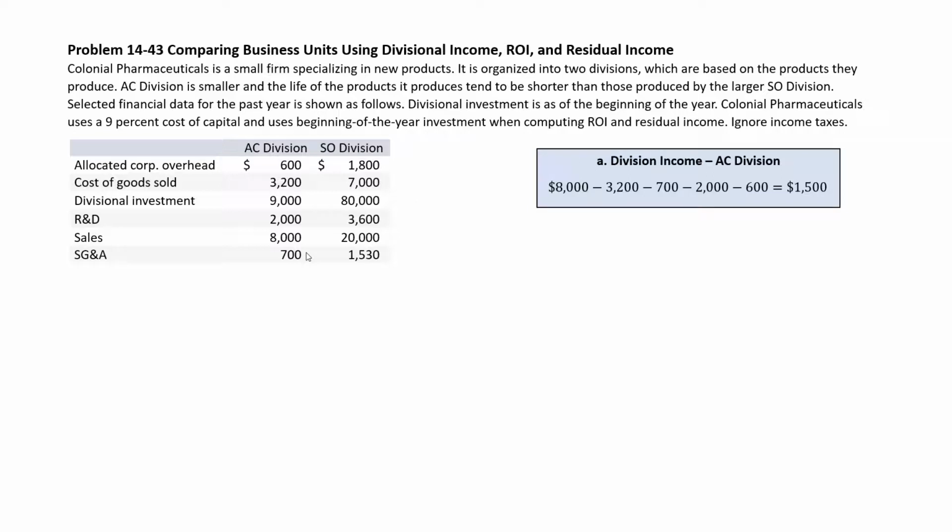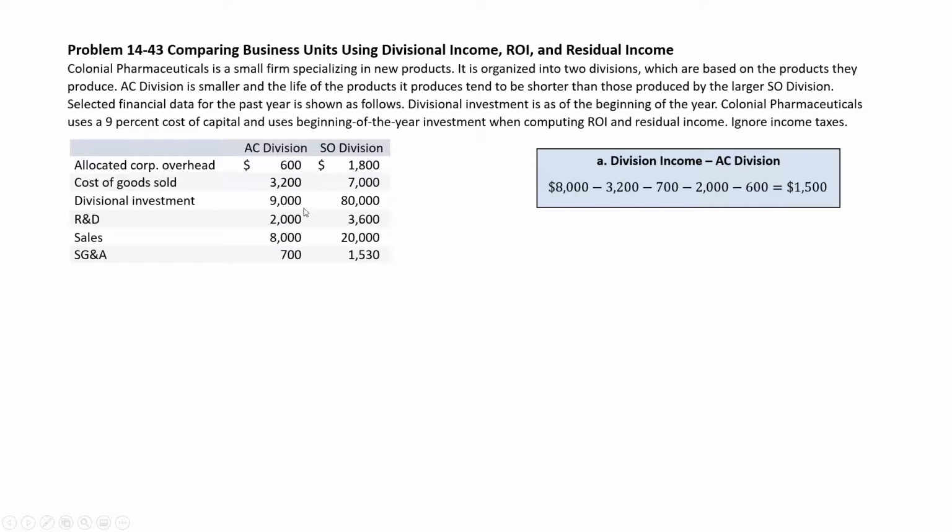That's selling, general, and administrative. Next, I came back up and subtracted out R&D or research and development expenses. And last and not least, I subtract out an allocated amount of corporate overhead expense of $600 for a final divisional income or operating income, again, before we subtract out income taxes of $1,500.